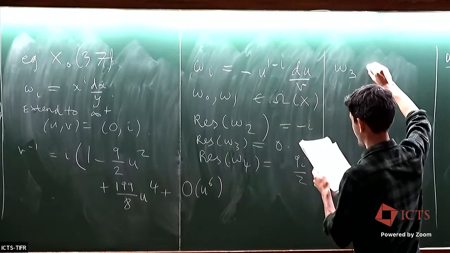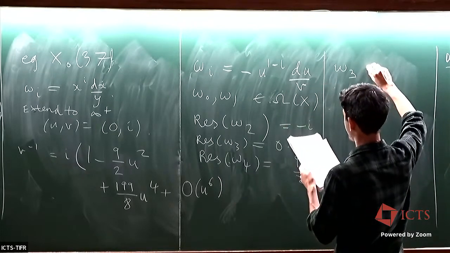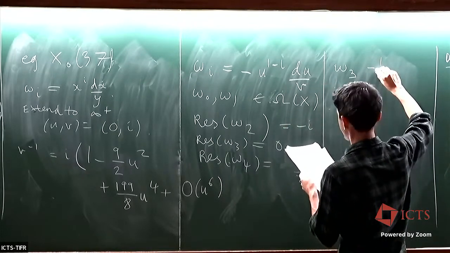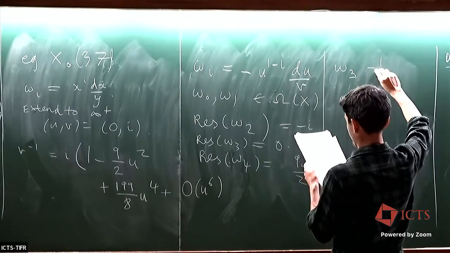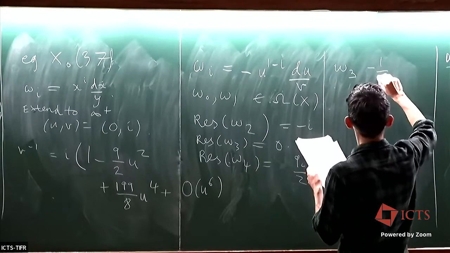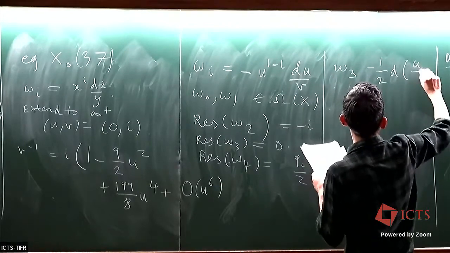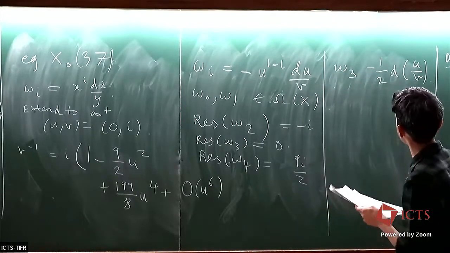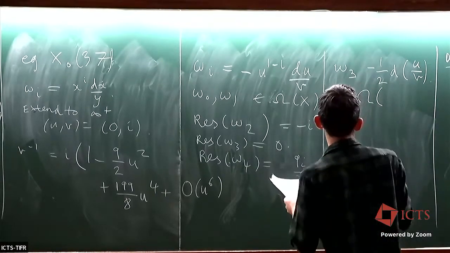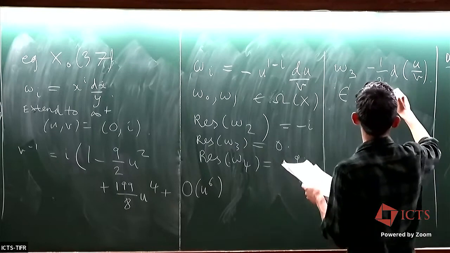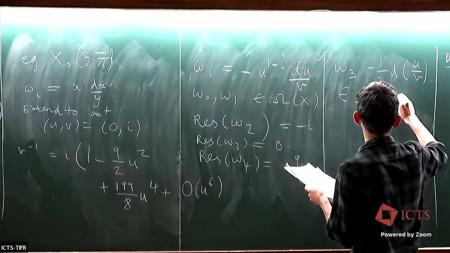I think, if I've done my calculations correctly, we can take omega 3 minus a half du over v. So that's actually an element of omega of u infinity.